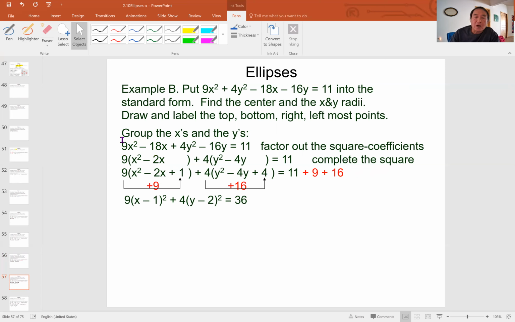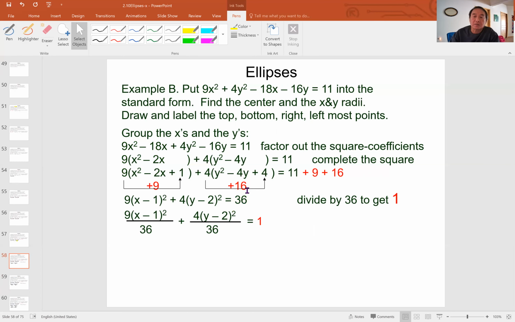And then notice I want to now make the 36 to be 1, so I divide across by 36 and do some cancellations. In this type of problem, usually the algebra will come out clean, so you have a nice looking standard form, from which we can identify the center, which in this case is 1, 2.